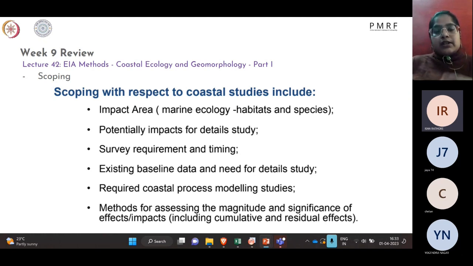Then you also need to look at modeling these coastal processes, whether this is required in the first stage, and if it is, what methods or models you are going to use. And then assess the magnitude and significance of the impacts of your project on the coastal impact areas which were identified, including the total effects and the residual effects.